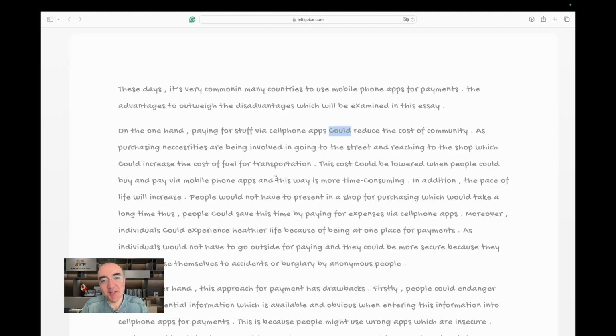Are becoming involved in going to the street and reaching the shop. It's a specific shop, right? Or why is it so dramatic?